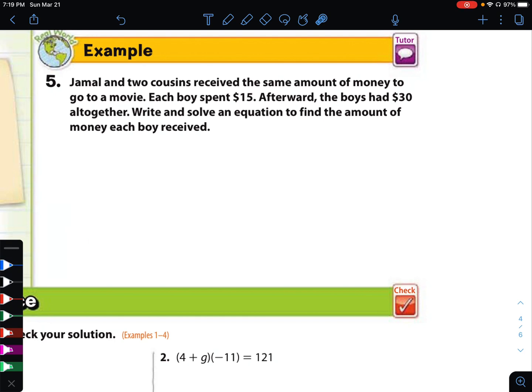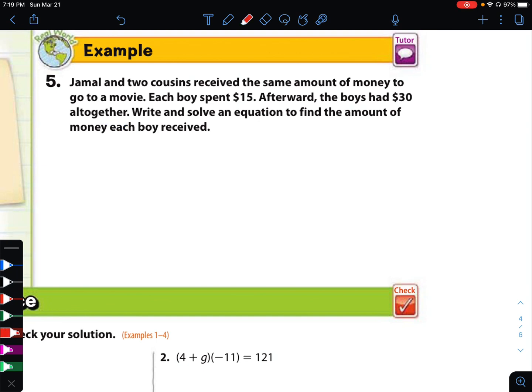Jamal and 2 cousins receive the same amount of money to go to a movie. Each boy spent $15. Afterwards, the boys had $30 altogether.